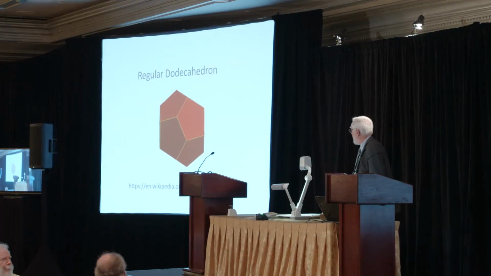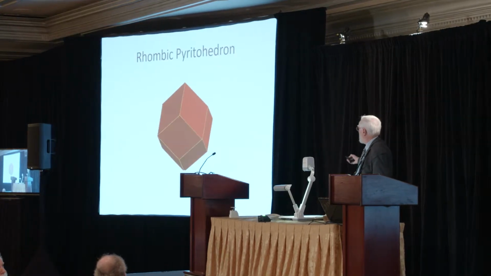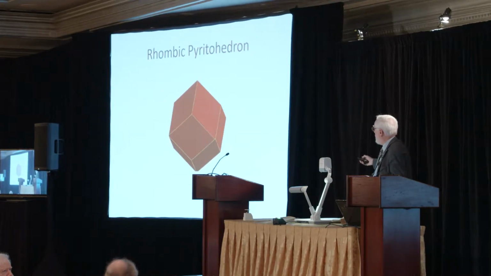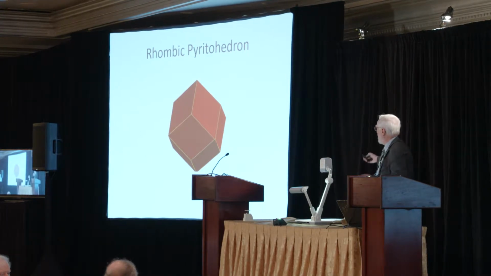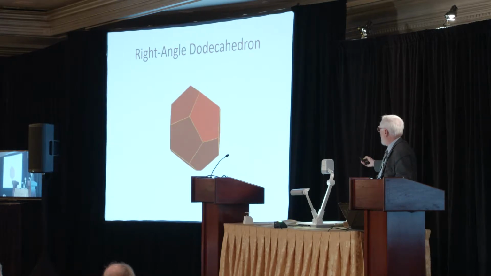But I want to get back to the fact that the regular dodecahedron, of course, has equal angles. And this is taken from the wiki that you can watch. If you move it, you can see that this thing is actually a sequence which starts with the regular dodecahedron and moves up to the rhombic pyritohedron. It's just the rhombic dodecahedron. But then we move forward.